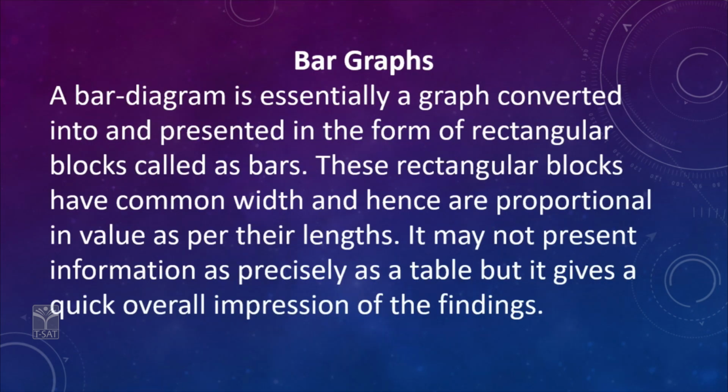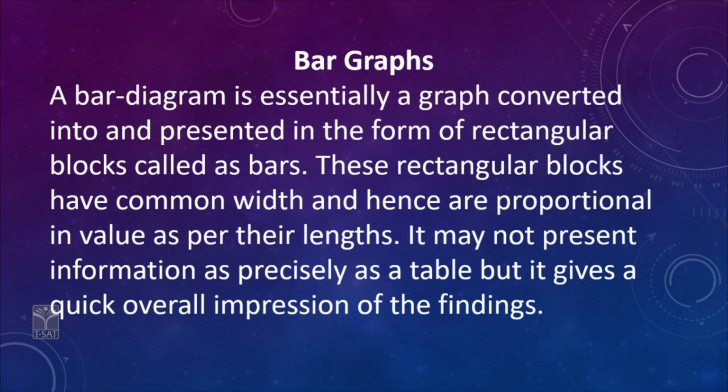Okay, now we are going to the next kind, the bar diagram. A bar diagram is essentially a graph presented in the form of rectangular blocks. This is very important. Of course, those rectangular blocks are called bars. That is the reason we call this diagram a bar graph.